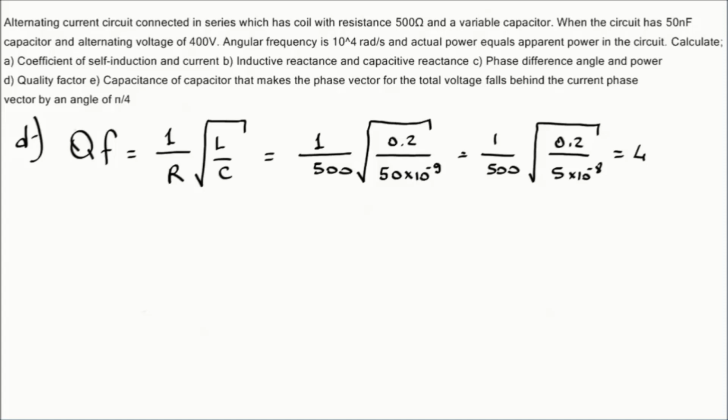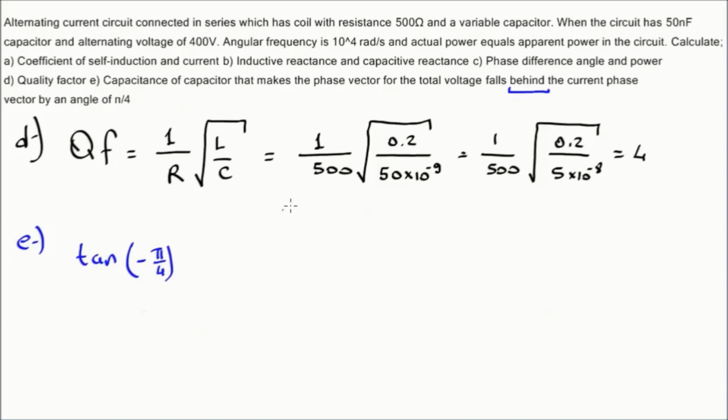And the question in E says the capacitance of the capacitor that makes the phase vector for the total voltage fall behind the current phase vector by an angle of pi over 4. This is important. It says behind. It means tangent pi over 4, but it must be negative pi over 4.